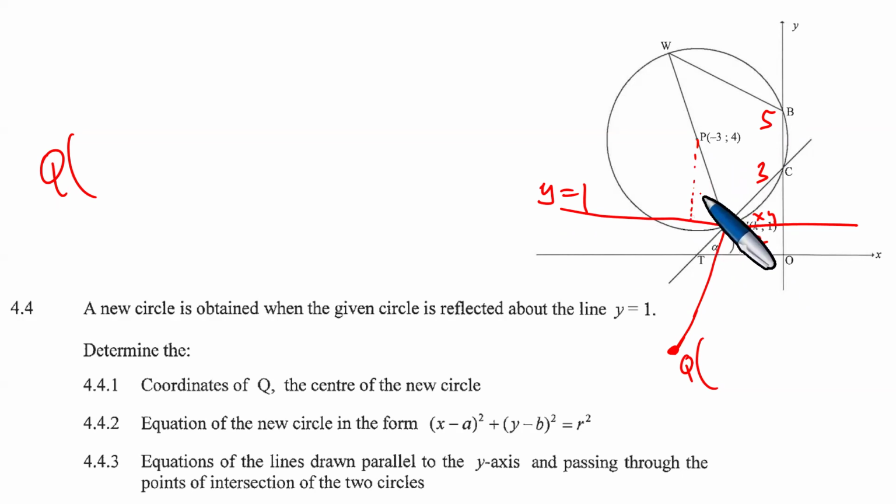From y equals 1 to y equals 4, the distance is 3. But x is going to remain the same if you reflect here, because it's just going to be rotated like that. So the x-coordinate of Q is going to remain the same, because x is minus 3 here.